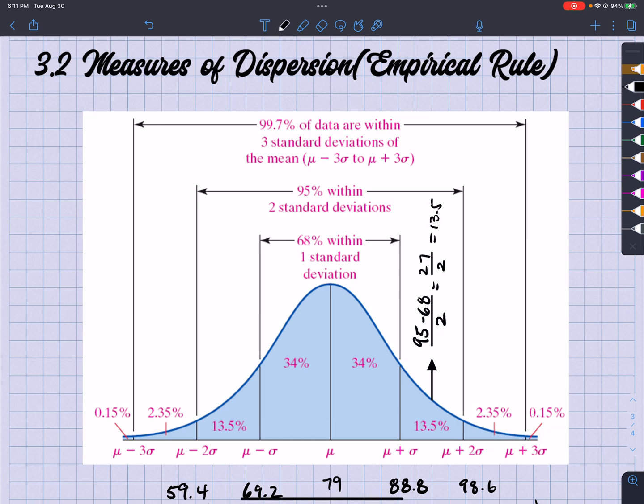Okay. So it's even on both sides because again it's symmetrical, so that's why it's okay.